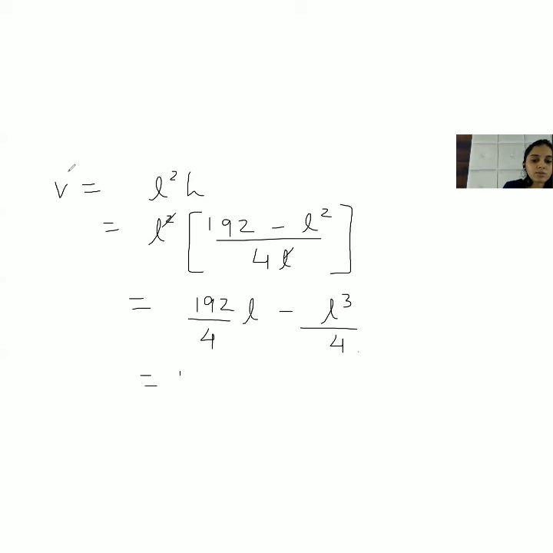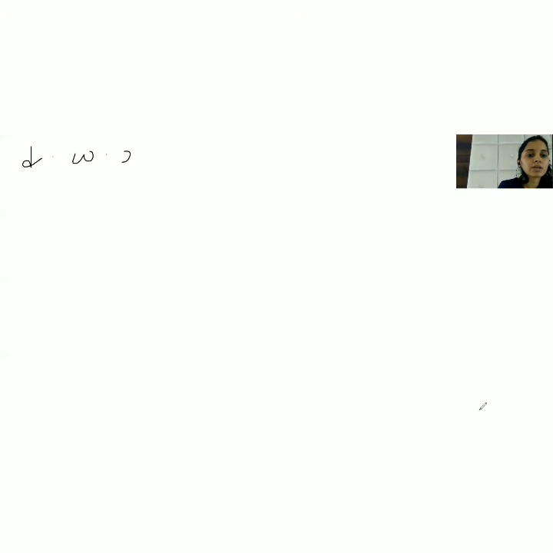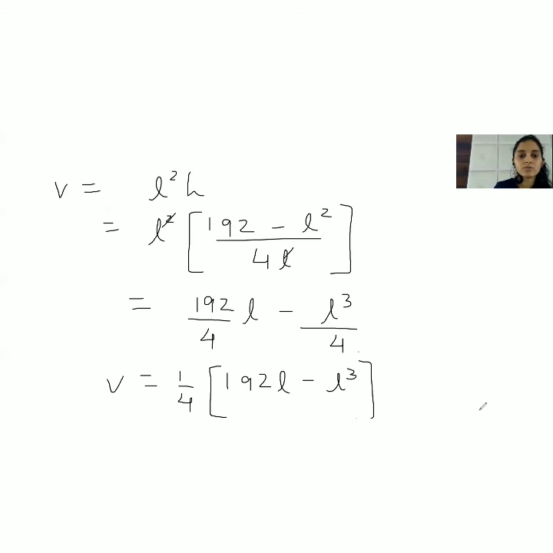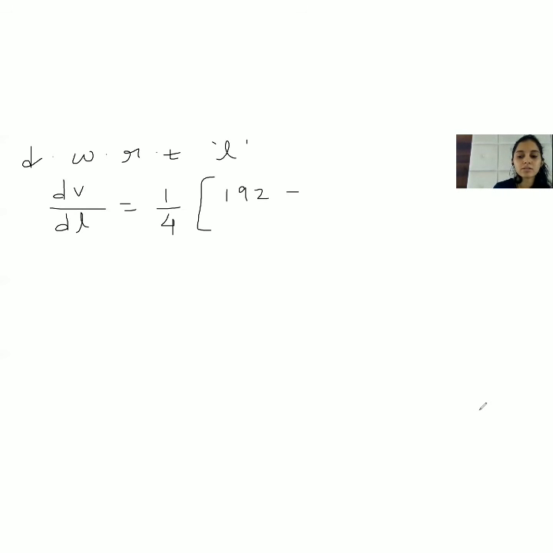I'm just taking 1 by 4 outside, and now we'll differentiate the term that is inside with respect to L. Why do we have to differentiate? Because we want the largest volume, right? So dV by dL is equal to 1 upon 4, as it is a constant, 192 minus 3L square. So we've differentiated this.